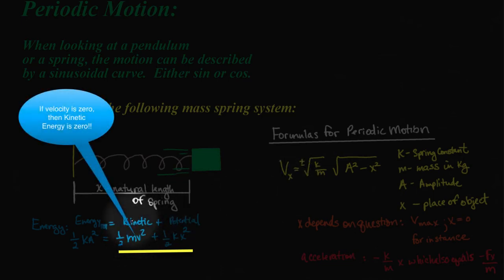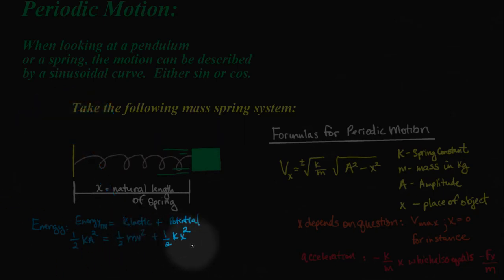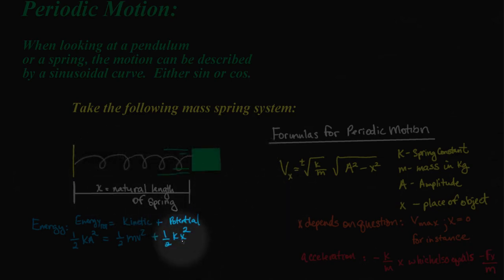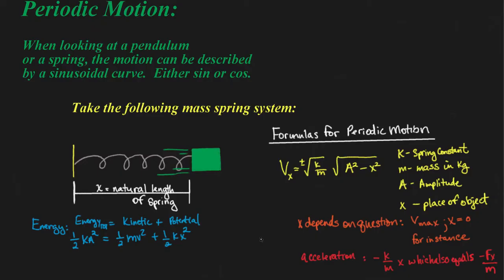Okay, so that whole kinetic energy part of it goes to 0, and we're just in the elastic potential part of the spring. So you would plug in a negative whatever if you were compressed, and then a positive x value if you were elongated.